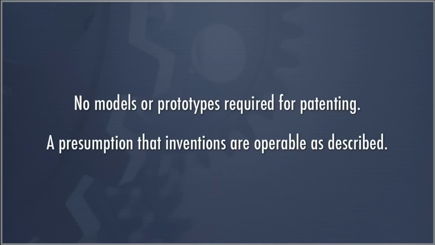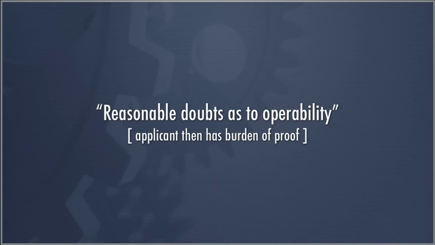And indeed, the law is quite clear that it is presumed that if you're going to file for a patent, inventions are operable as described. So there's a strong presumption that if you describe an invention, it's operable as described. The PTO can challenge you, but only if they have reasonable doubts as to operability.